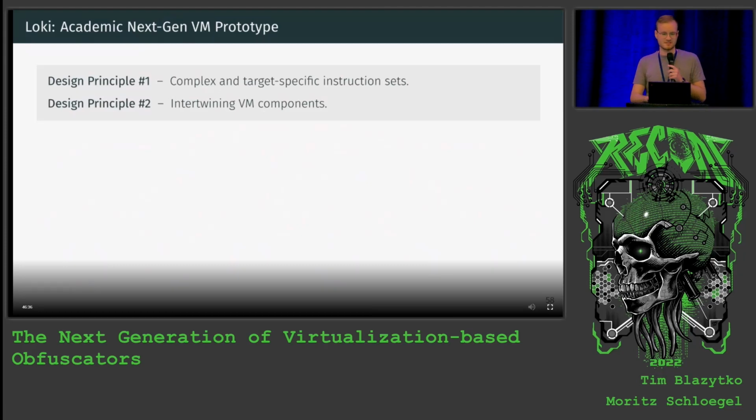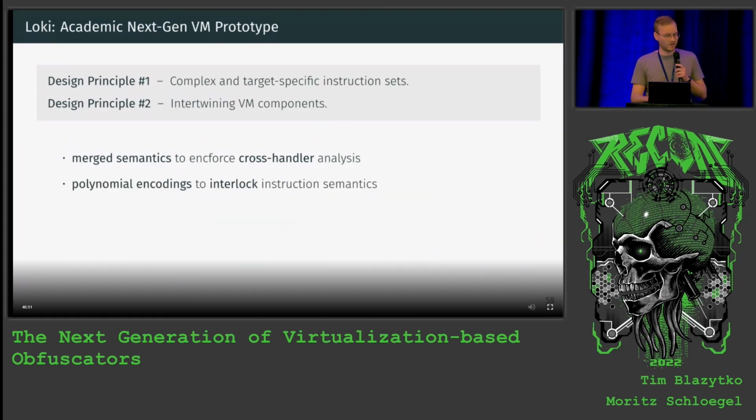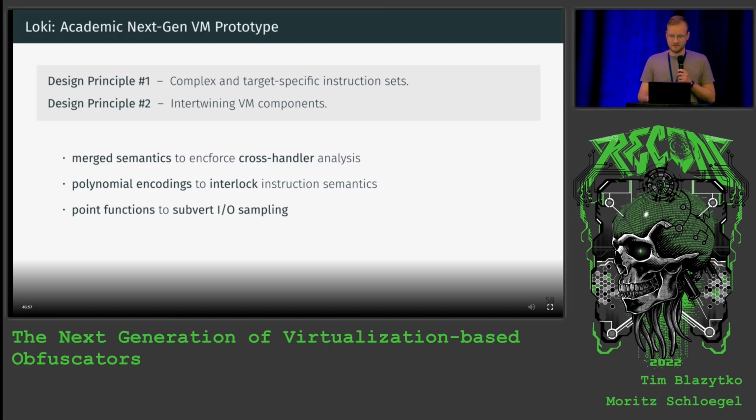so complex and target-specific instruction sets and the intertwining of multiple techniques of VM components. So in particular, we merge semantics to force a cross-handler global analysis. We have these polynomial encodings interlock individual instruction semantics of the handler. We have the point functions, which subvert the I/O sampling for static scenarios.